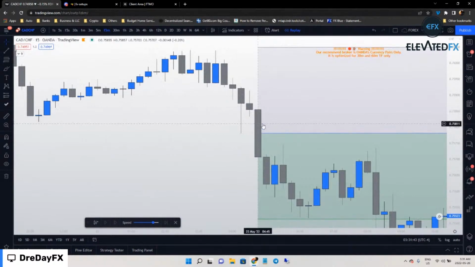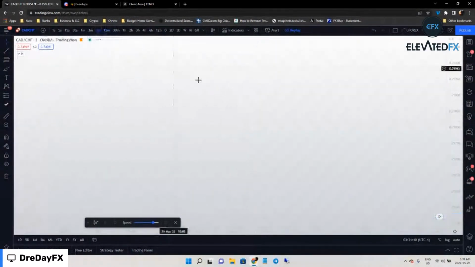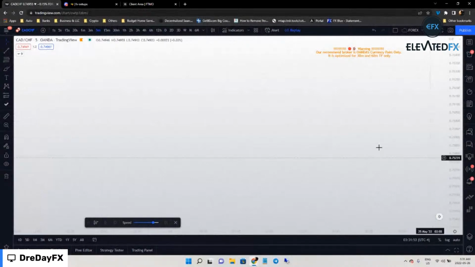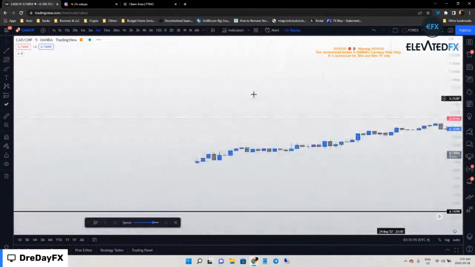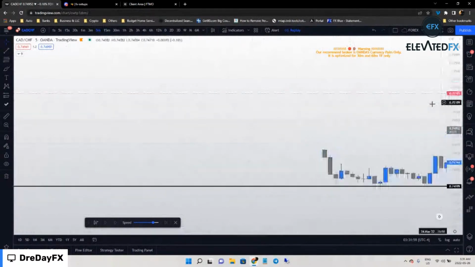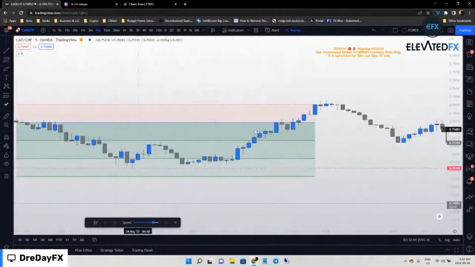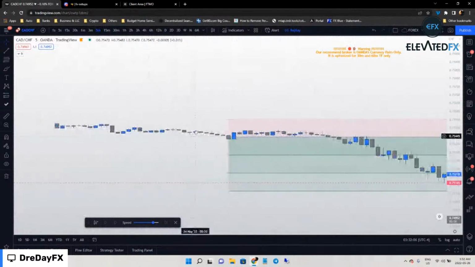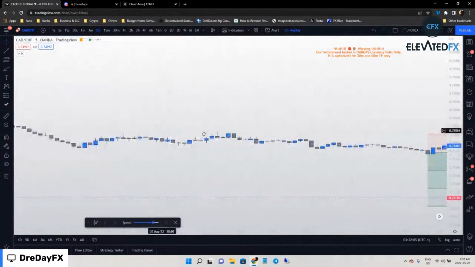So sometimes you're going to have maybe a smaller stop loss. Let's go on the 5 minute just to get a gist of it. This is the 24th.